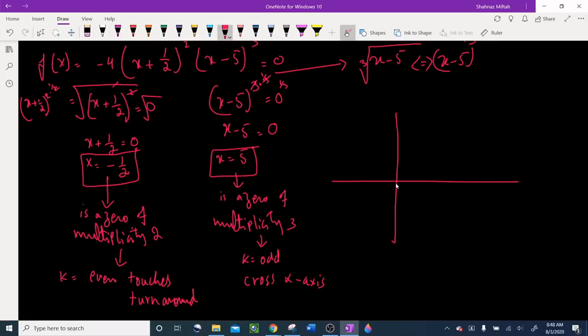Okay, let me write down my numbers. I have, for example, 1, 2, 3, 4, 5, 6, 7, and 8, and up here I have negative 1, negative 2, negative 3, negative 4.